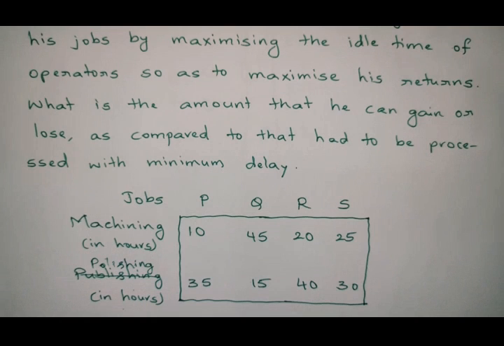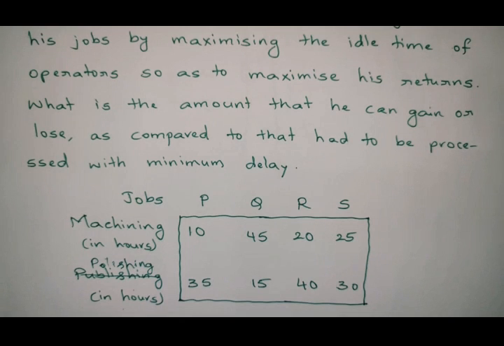So here Shyam can form a sequence of jobs that gives maximum idle time of machines, so that he can earn either a profit or a loss.